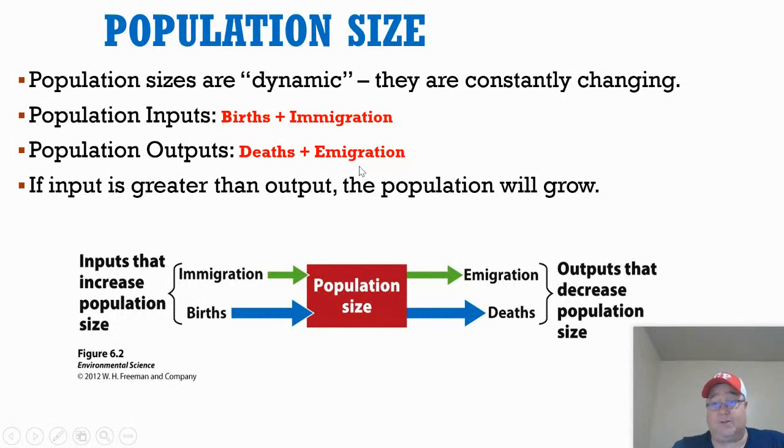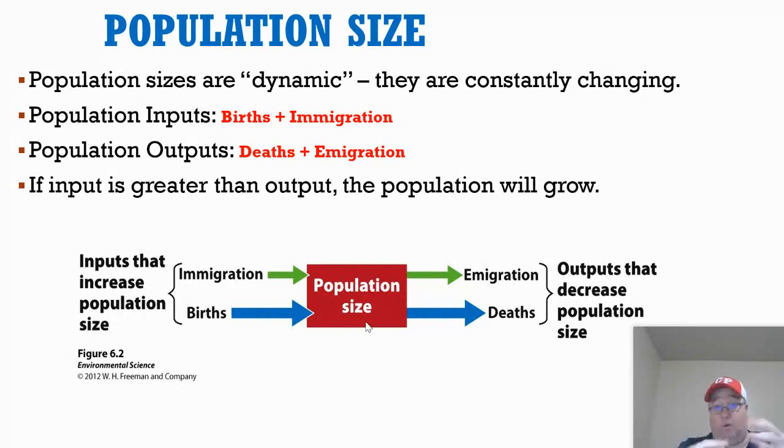Emigration would be an elephant or elephants that leave the group or they leave the population and go somewhere else. Maybe they go to another population or whatever. So these are outputs, right? So the population size is dependent on those four factors, births and immigration, which are the inputs, and deaths and emigration, which are the outputs.